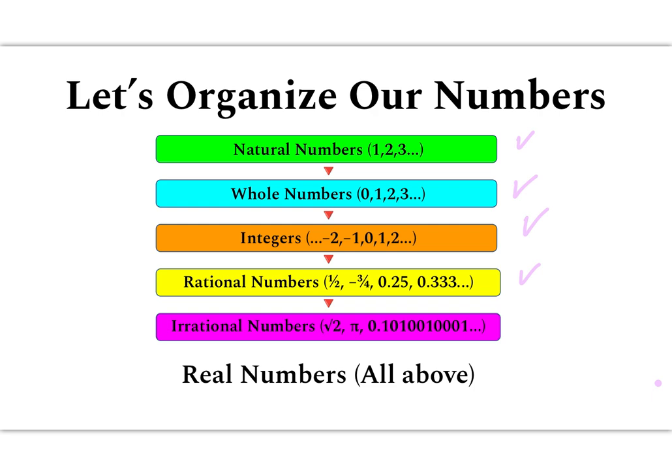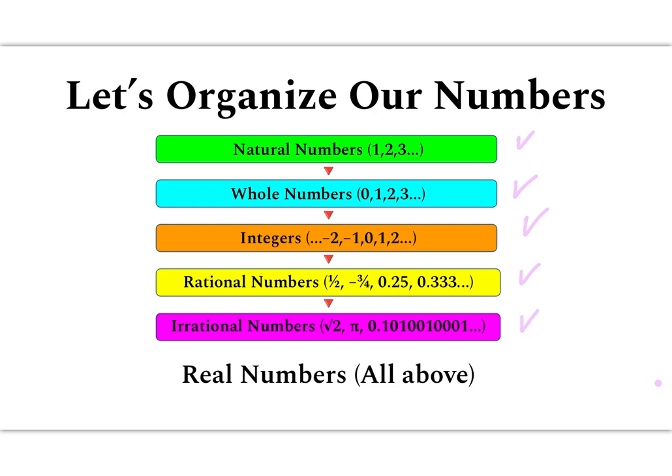But here's where it gets interesting. Not all decimals can be written as nice, neat fractions. Some go on forever without any pattern, like the square root of 2, which equals 1.41421356, and so on. It goes on forever. Or pi, we know it goes on forever, and it equals 3.1415926, and so on.